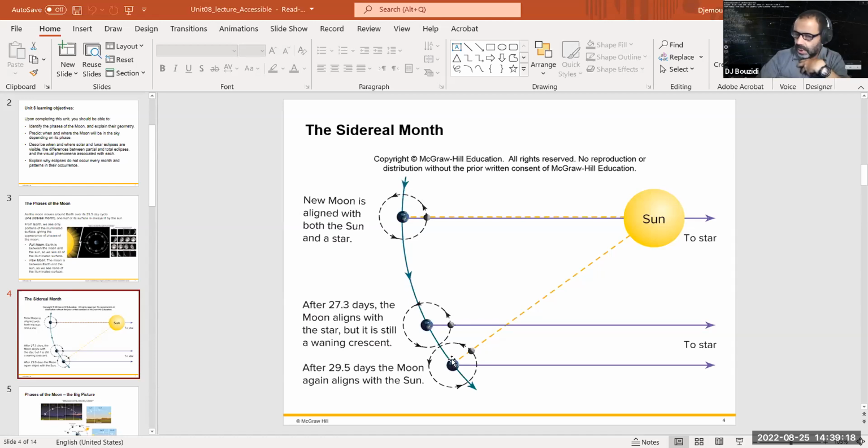So for us on Earth, when we count the days, the lunar month, we start from when it's a new moon, and then it's a new moon again. That is 29.5 days. The actual rotation of the moon, the sidereal lunar month, is actually only 27.3 days.